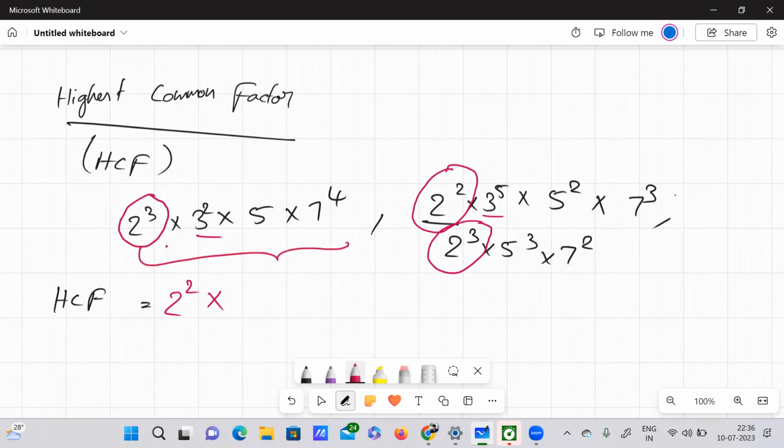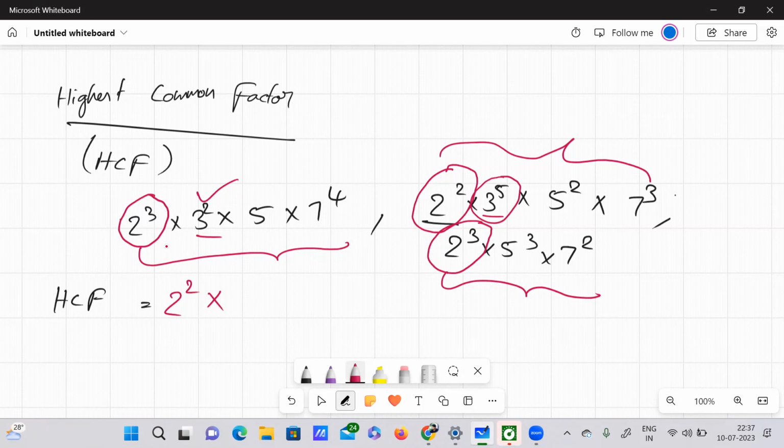This is a set, this is a set, this is a set. In this entire set we have 3 square here. If we can expect at least 3 square in any of these three sets, yes, we can expect 3 square in this 3 to the power of 5. But here we don't have any number that is 3, at least with the power 1. So here we can't even consider this 3.